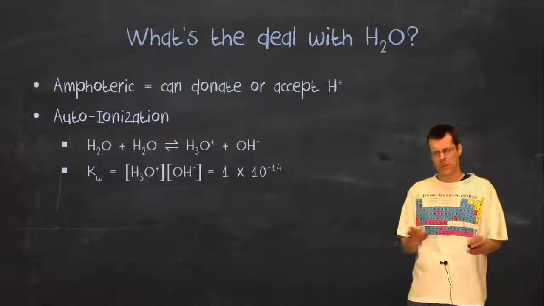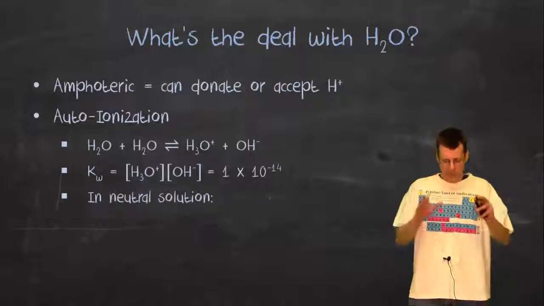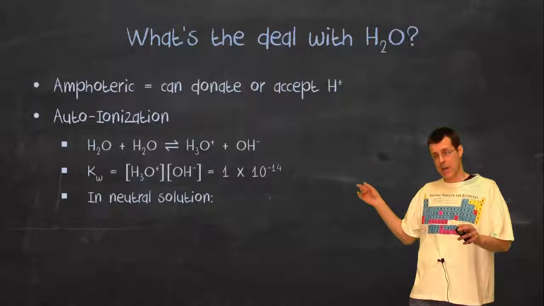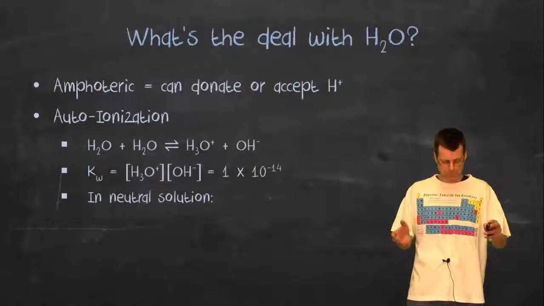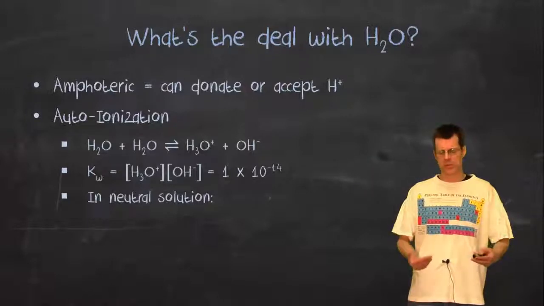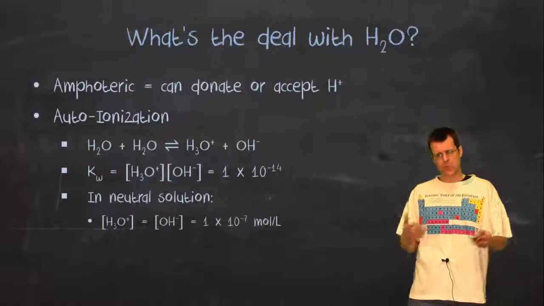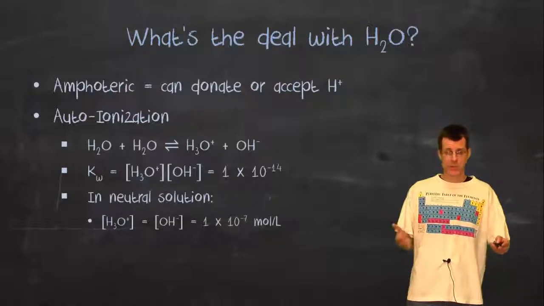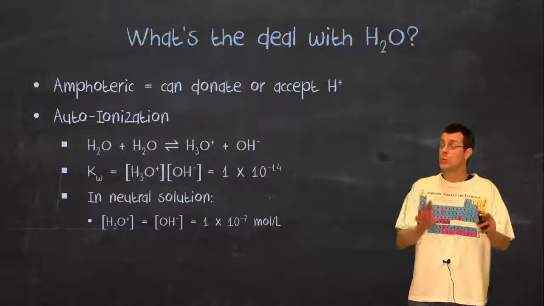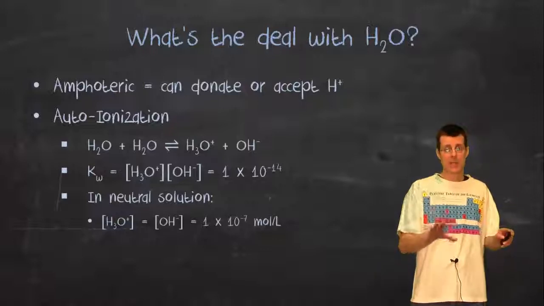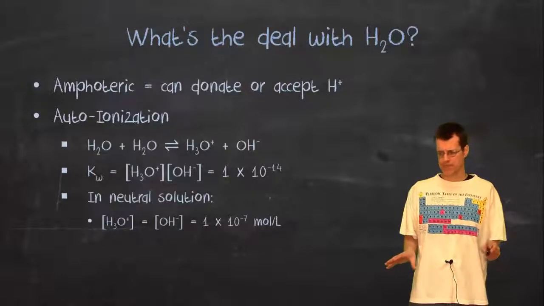It's got a very, very small equilibrium constant. And in a neutral solution, where the only thing that's happening is the autoionization, no additional hydronium, no additional hydroxide, I would end up with concentrations of 1 times 10 to the exponent -7 moles per liter, which is really, really, really tiny. Tiny to the point that we normally ignore that.